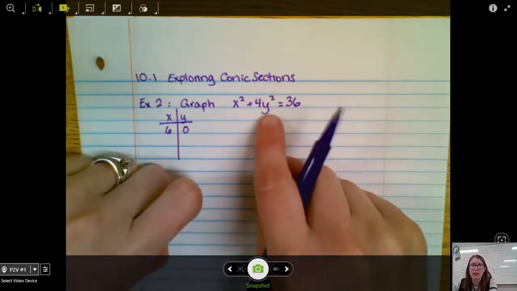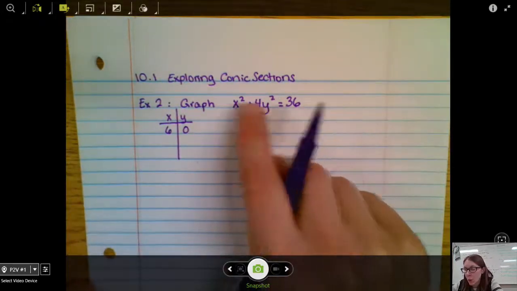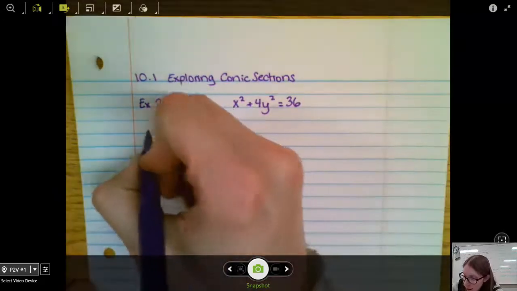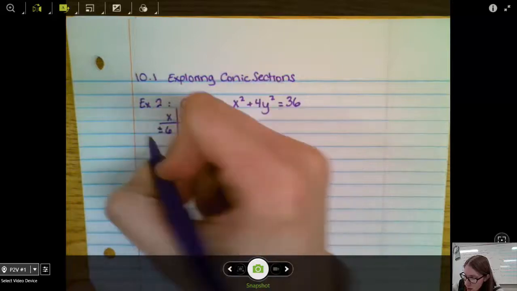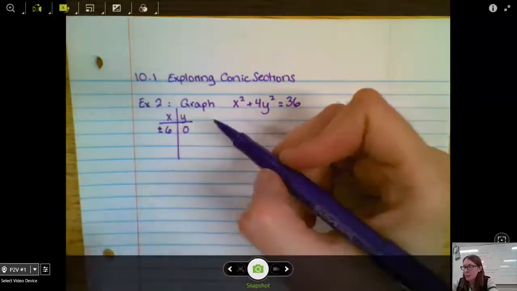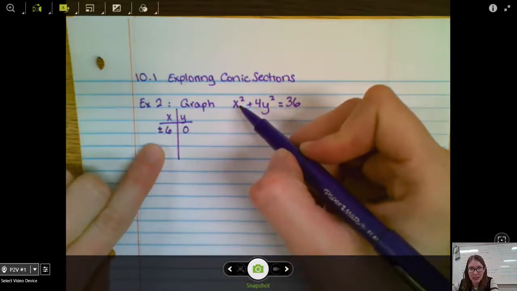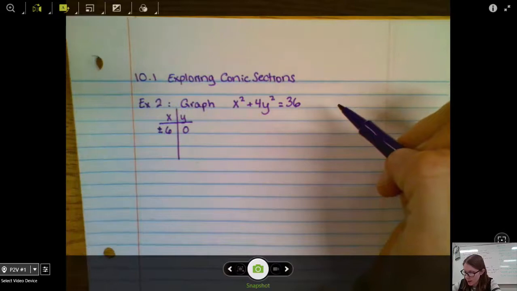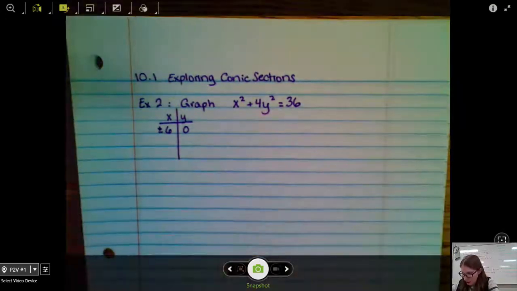So 36 plus 0 is 36. We can also get 36 at this x squared term if we plugged in negative 6 for x. So I'll make this plus or minus 6, because again, negative 6 squared is 36 plus 0. We get 36 again. Okay, let's see what else we could get.